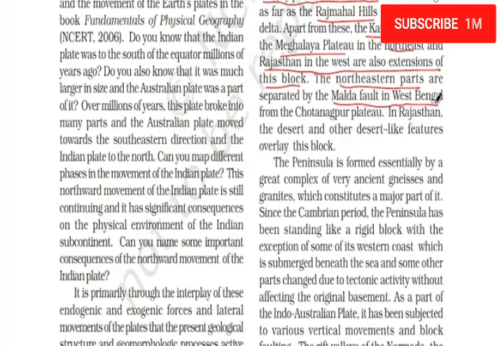Ganga which comes here starts moving in this direction, again it turns downward. The reason for this downward movement is the Malda fault. You can see a place by name Malda in your atlas, especially in West Bengal, and this separates northeastern parts from the Chotanagpur plateau. In Rajasthan, you usually observe desert-like features.